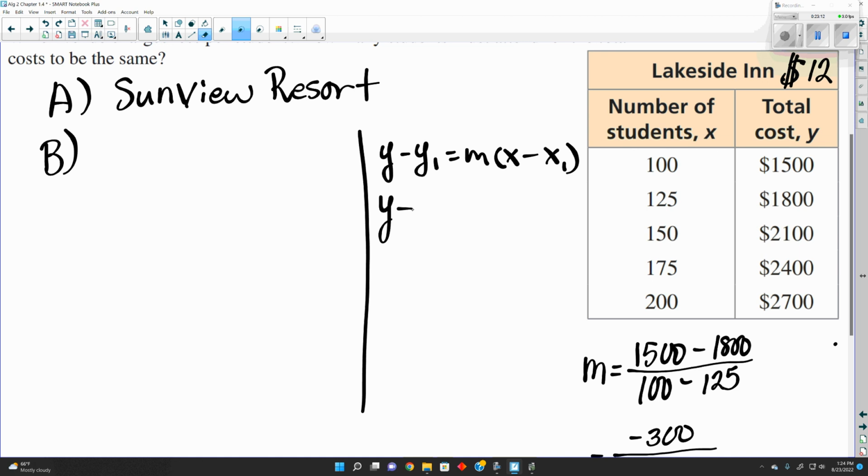Because, and we'll look at it here in a more mathematical sense, because that's 100% what we're doing. It's just not in the academic way. Here, y1 is 1500, our slope is 12, and x1 is 100.